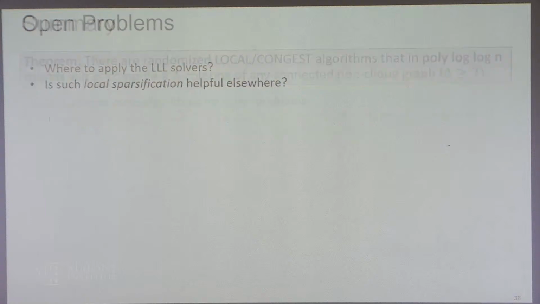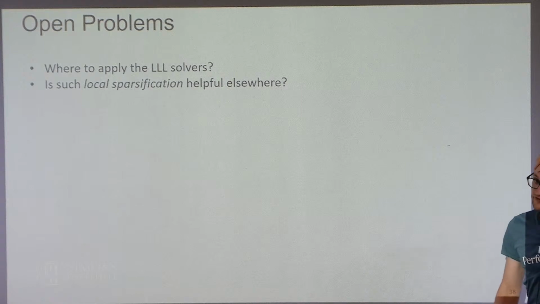And I want to just mention a few open problems. I wonder where else one can apply these LLL solvers. And I wonder whether such local sparsification is helpful elsewhere. I guess this degree range in many other models of computation is actually very easy, so it's a bit unclear whether it helps, but maybe there is some application.